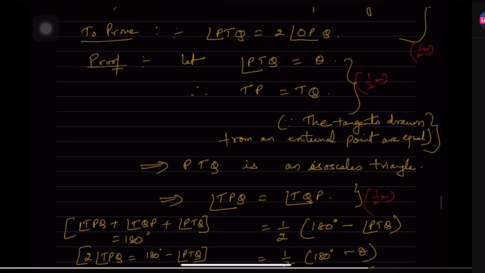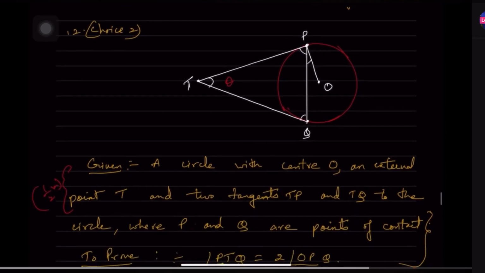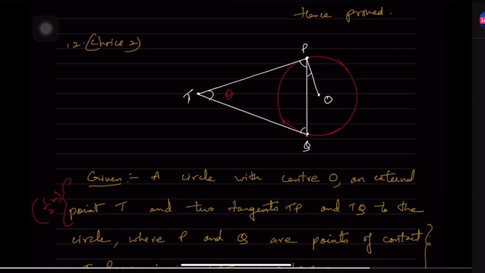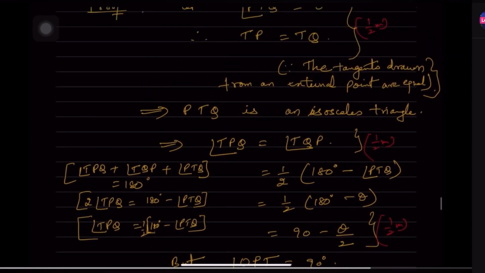Now PTQ is an isosceles triangle. Why is it an isosceles triangle? Because angles opposite to equal sides are equal. That is, if you take this as x and this, these two angles are equal. So you can write PTQ is an isosceles triangle, which implies that angle TPQ is equal to angle TQP.